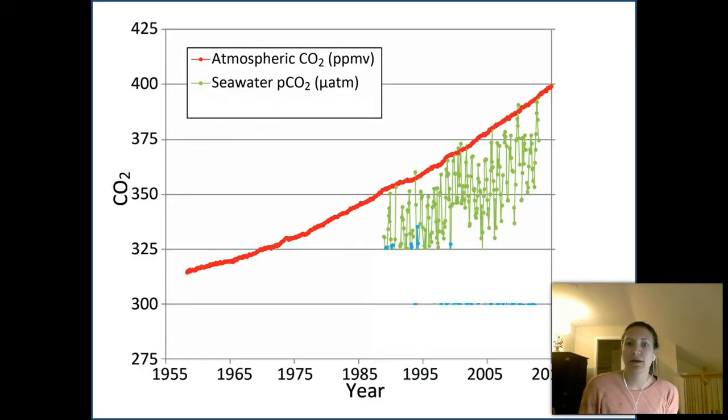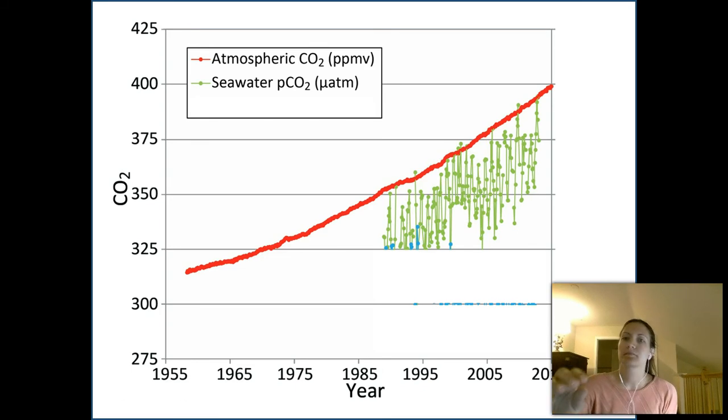This graph is showing similar to the previous graph. The red line representing the average atmospheric carbon dioxide. And here we can see it's growing. We saw that before. In blue is seawater or ocean water carbon dioxide. As you can see, it's more variable. It goes up and down quite a bit.